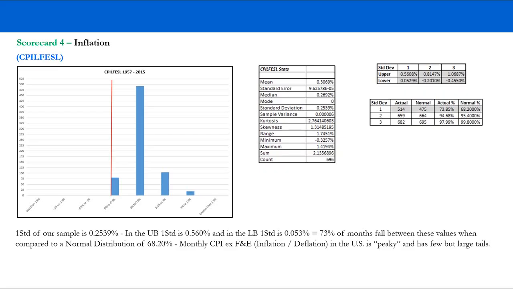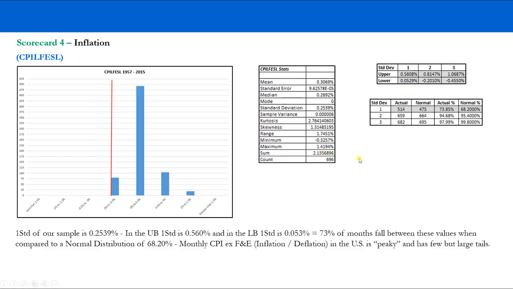And in the lower bound, so what we're supposed to be experiencing here is a deflationary situation, in the lower bound, it's actually positive. So it comes in at 0.053%. And 73% of months fall between these values when compared to a normal distribution.